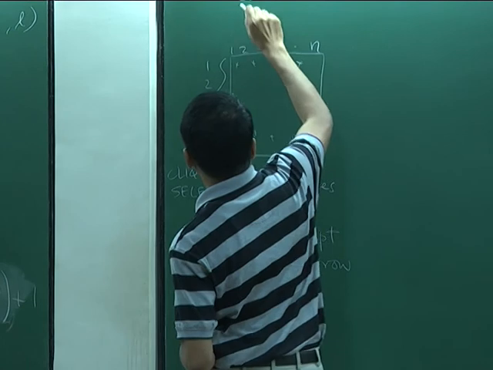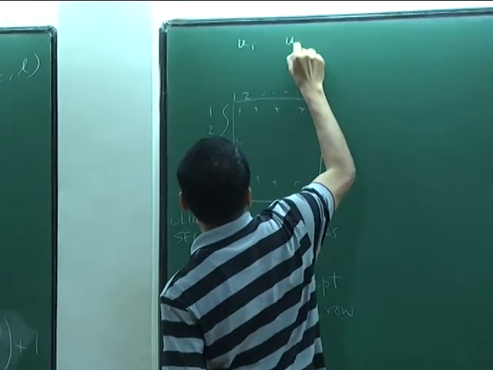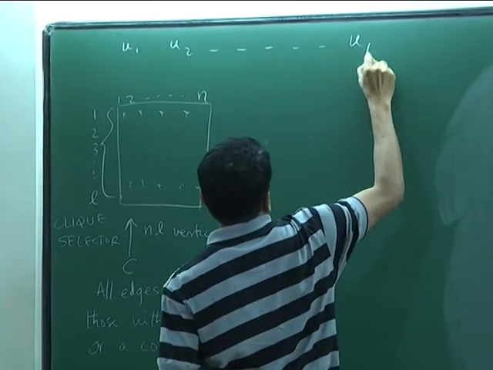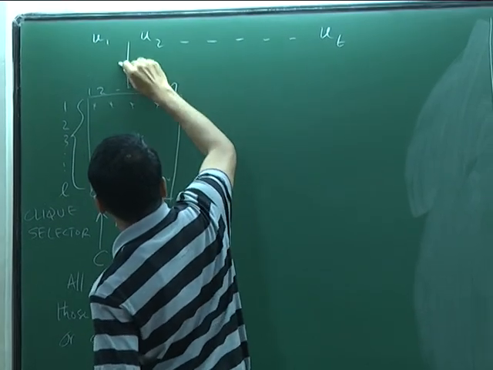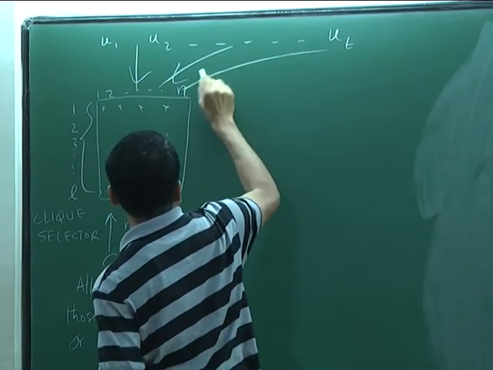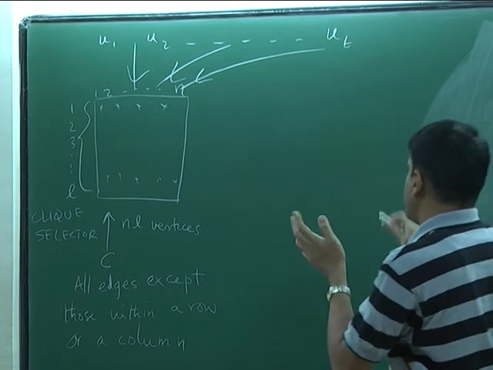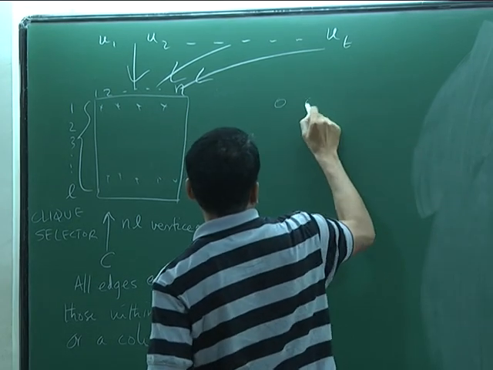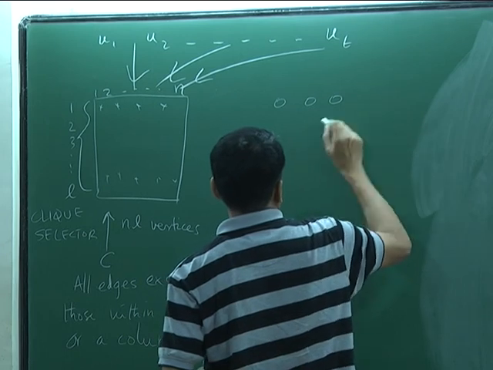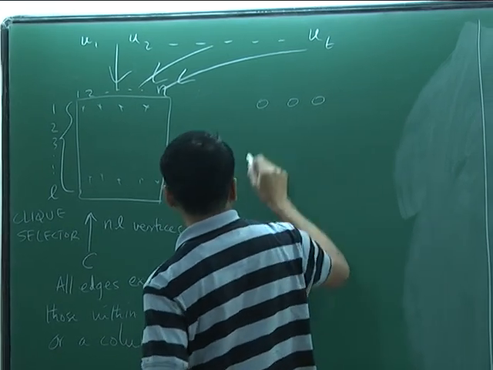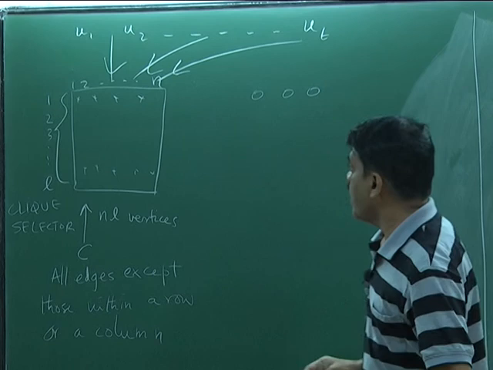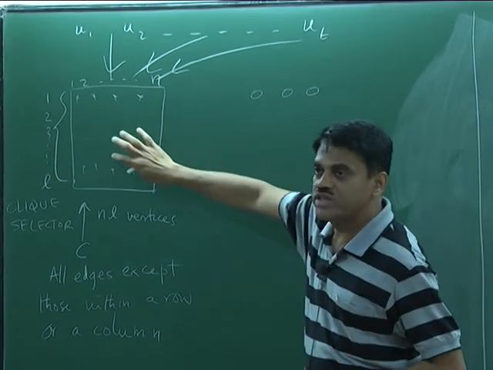And then I have a vertex for each instance, and all of them are going to be adjacent to these guys. And then I have some three, U1 is connected to what? Every Ui is connected to all these NL vertices.